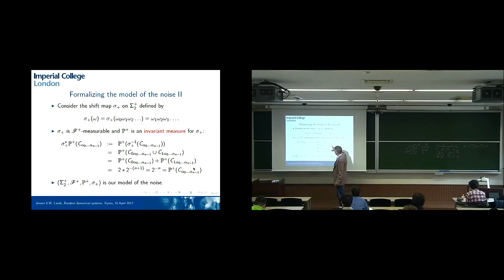If it goes into the cylinder set, then I take the measure of this plus the measure of that. But the measure of this is a half times the measure before, and this is also a half times before, and 2 times a half is 1. And then I have just the same measure. And so this is a measure preserving transformation. So I have a probability measure on my symbol space, and my reading procedure nicely preserves this measure.